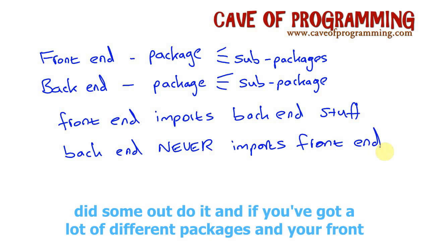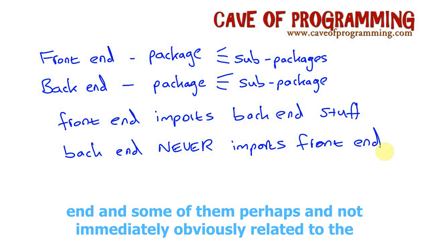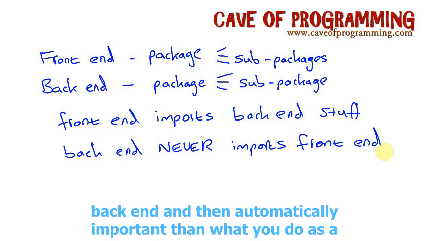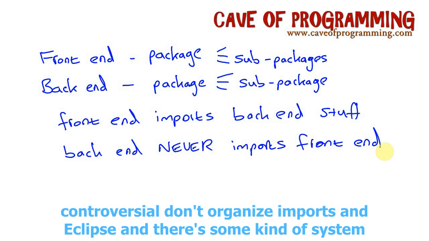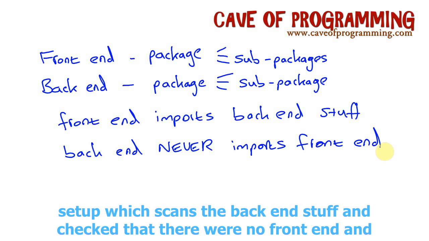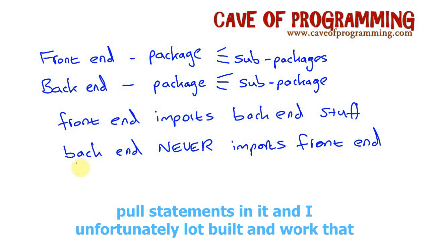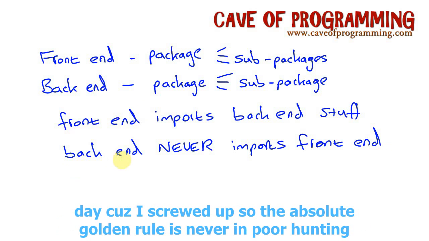If you've got a lot of different packages in your front end, and some of them perhaps are not immediately obviously related to the front end, then you could accidentally end up using them in the back end and automatically importing them when you do, let's say, Control-Shift-O to organize imports in Eclipse. And they actually had some kind of system set up which scanned the back end stuff and checked that there were no front end import statements in it. And unfortunately, their build didn't work that day because I'd screwed it up.